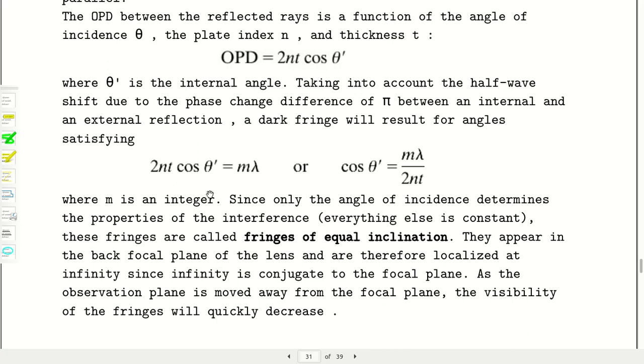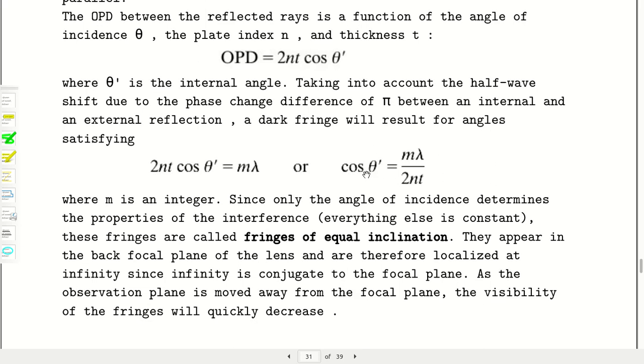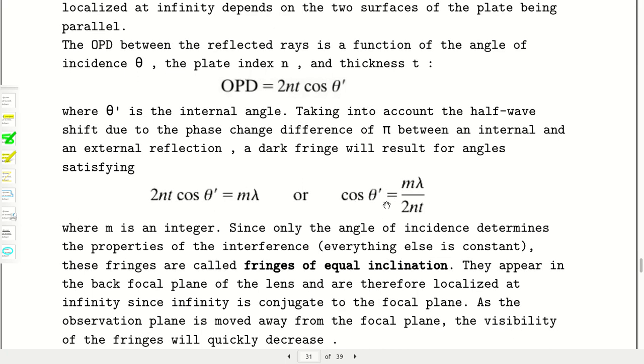Here it is cos theta prime, not theta. Now cos theta prime and theta are related to each other because of Snell's law. So cos theta prime is equal to m lambda by 2nt.